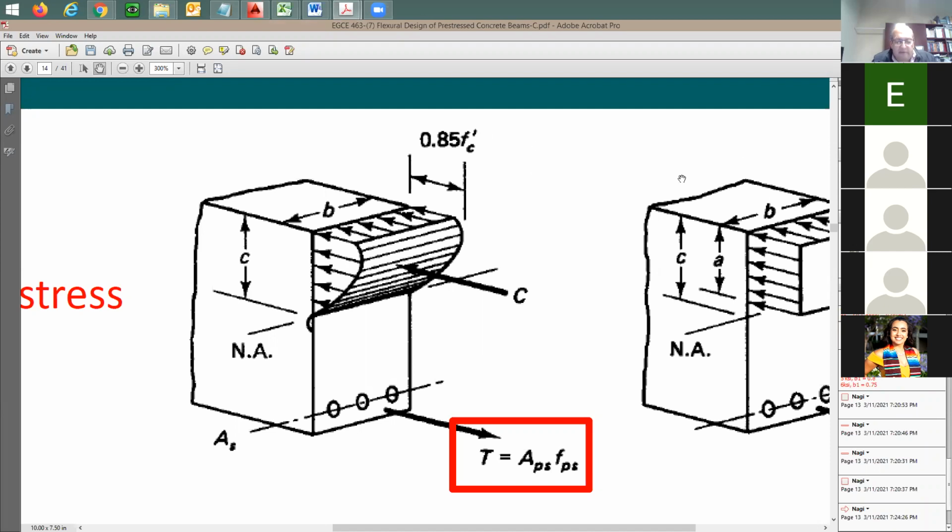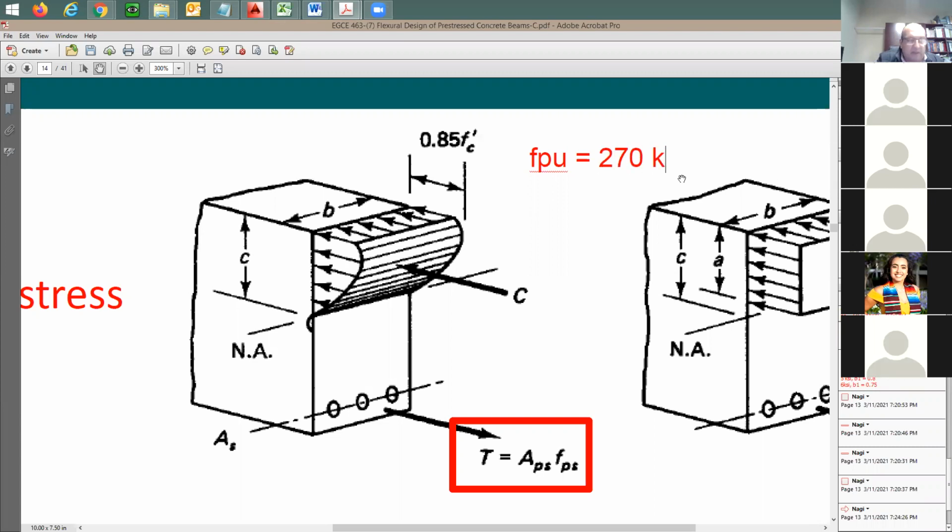Initial pre-stress. And what value do we usually use for FPI? I'm going to list them here. FPU is how much? Anyone recalls FPU for 4615? It's 270, 270 KSI. Good. FPI is how much?